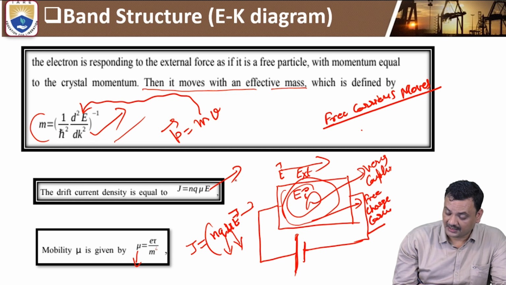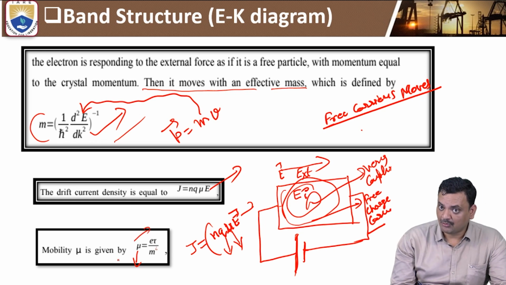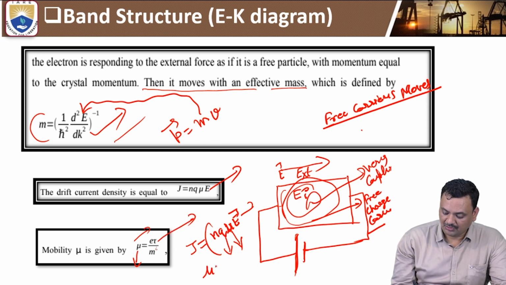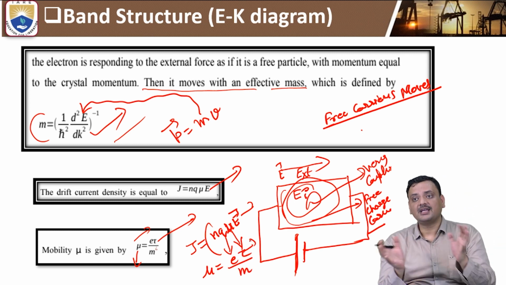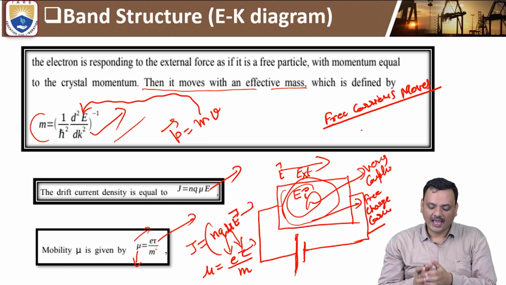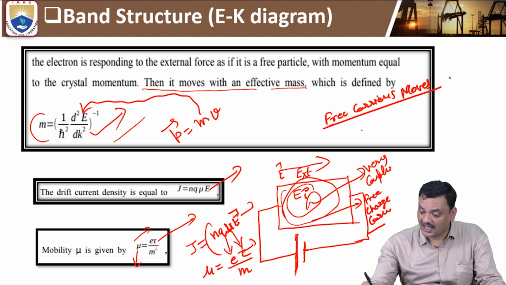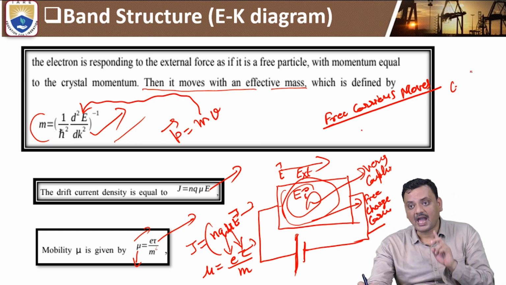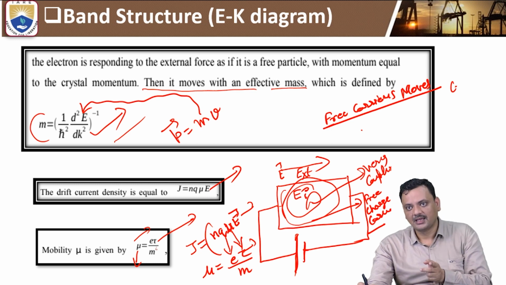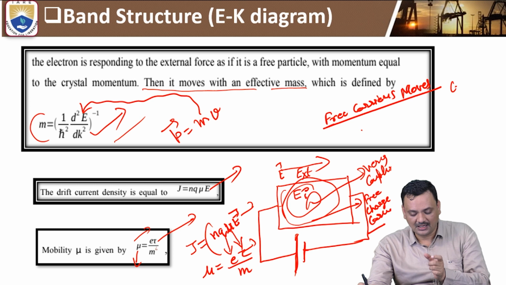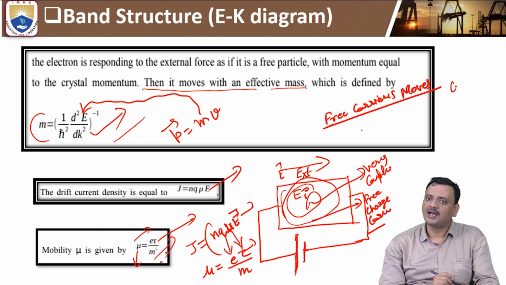This formula contains the mobility term, and that mobility is again computed by the formula mu equal to e tau upon m, where tau is the carrier recombination time and m is the effective mass. So to get the current value you have to know the mobility, and to calculate the mobility of the charge carrier you have to know the effective mass of the electron.